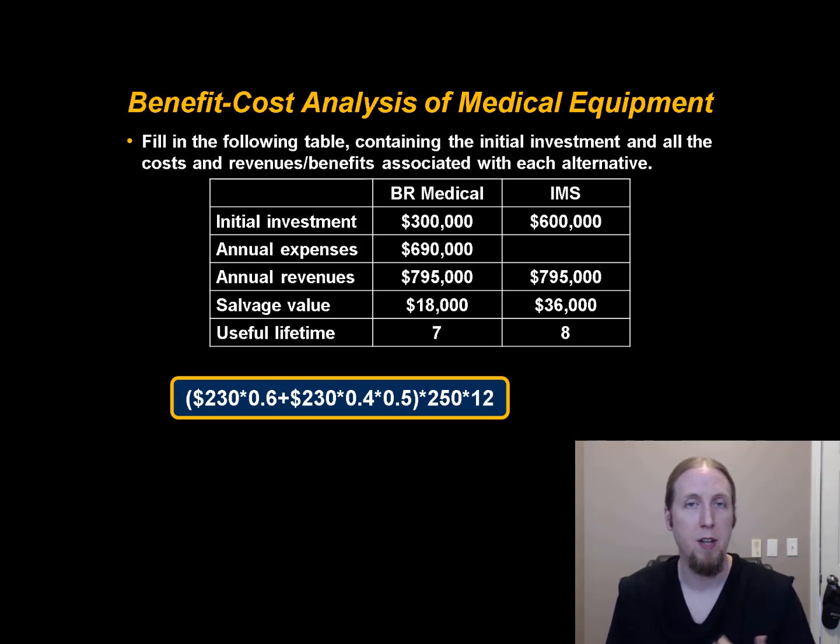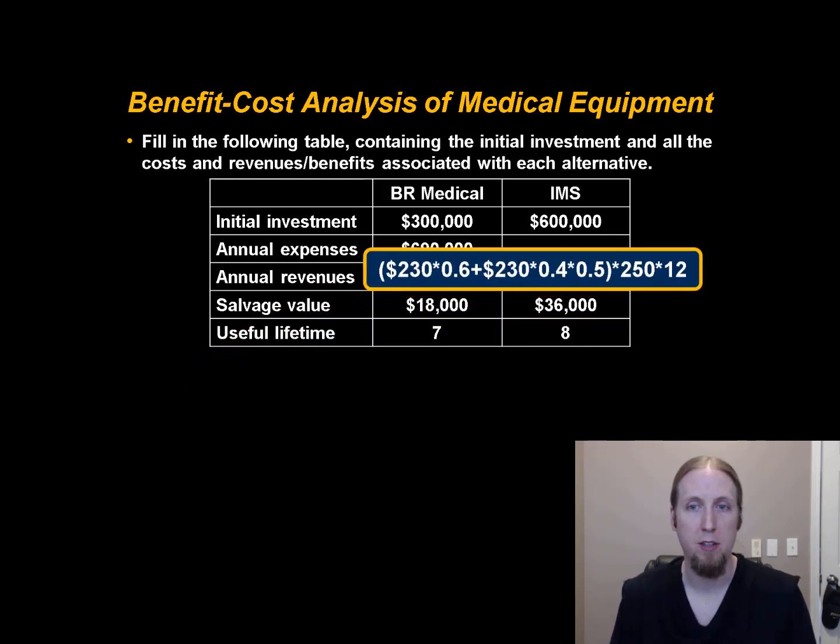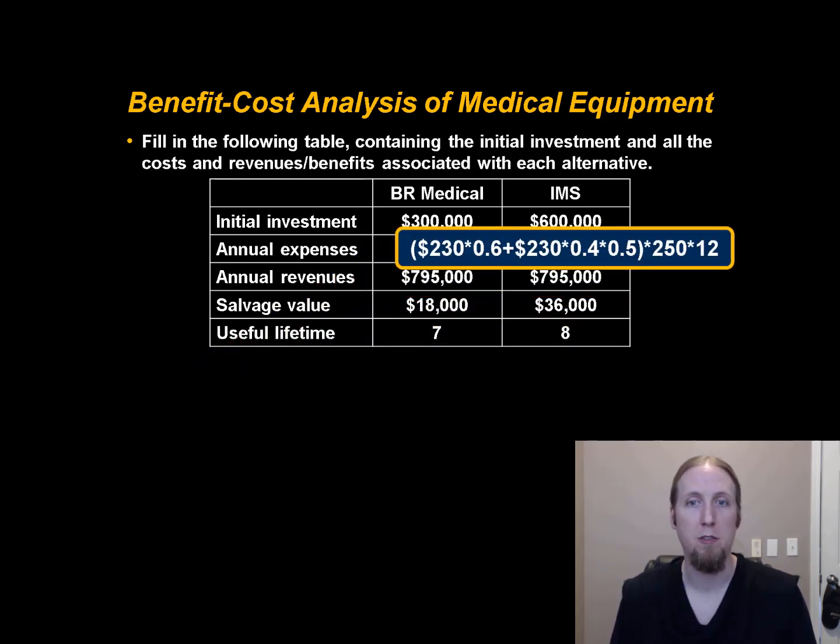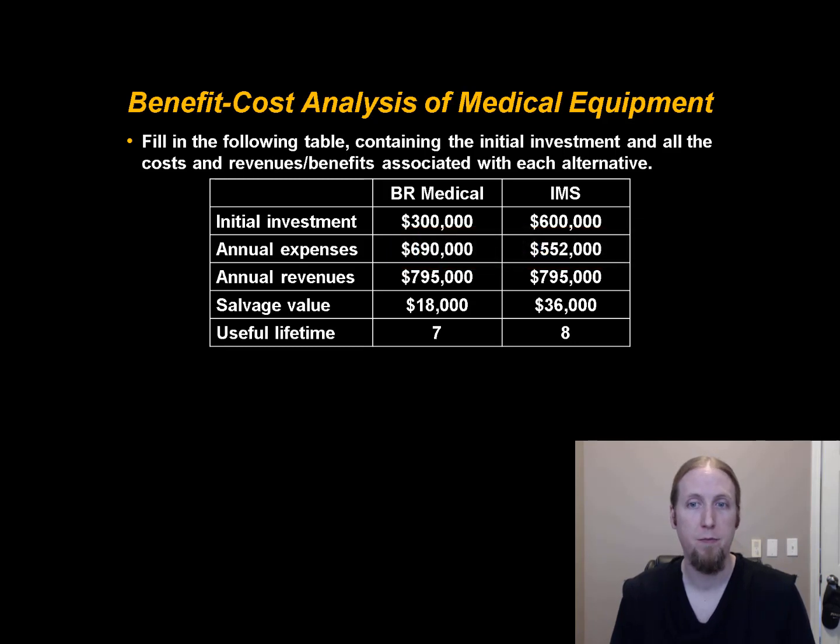But then we've got $230 times 40%, which represents our materials cost, and we can cut that in half. So we'll take half of it, and then we take all of that and multiply it by our 250 procedures per month times 12 months per year. And that's going to give us our annual expenses for the IMS device.